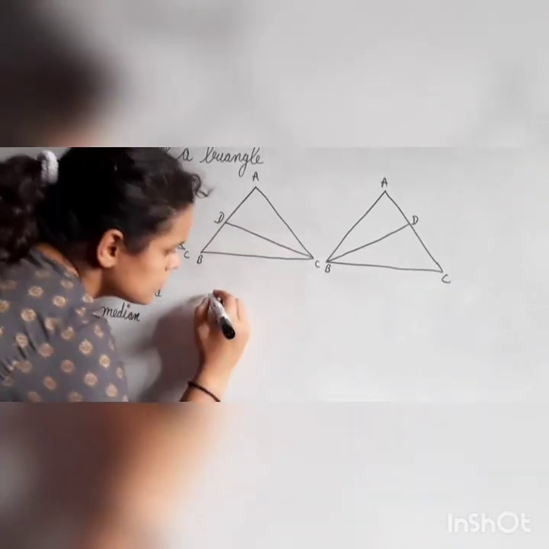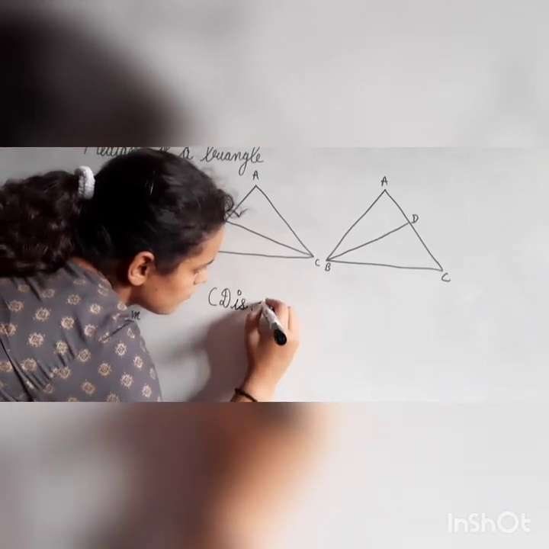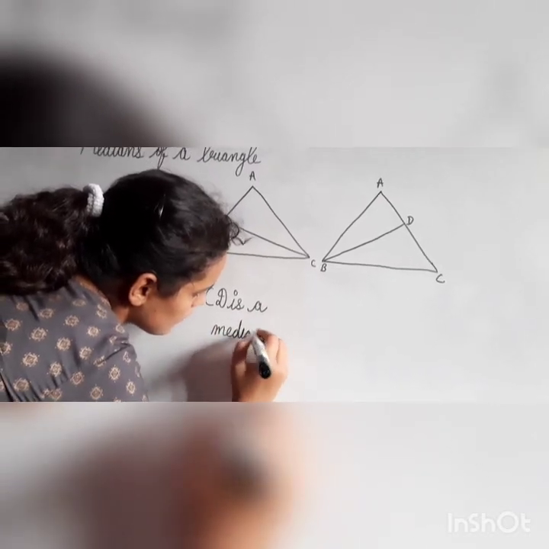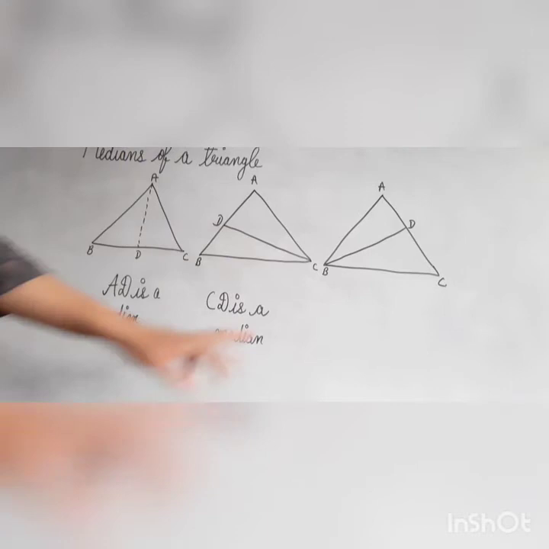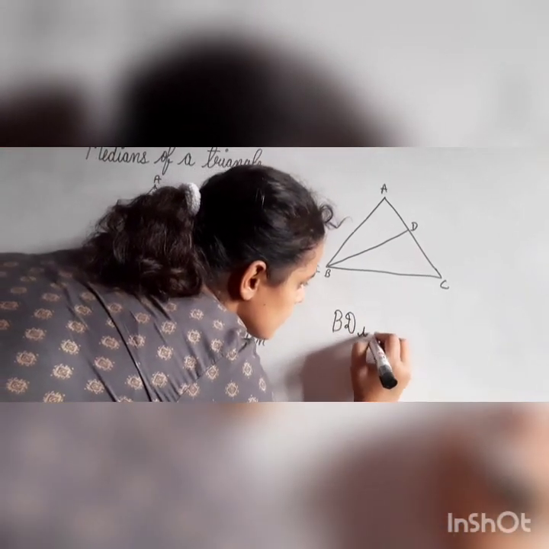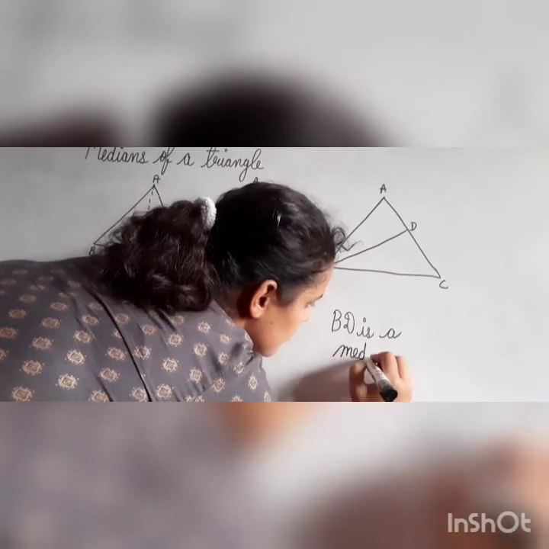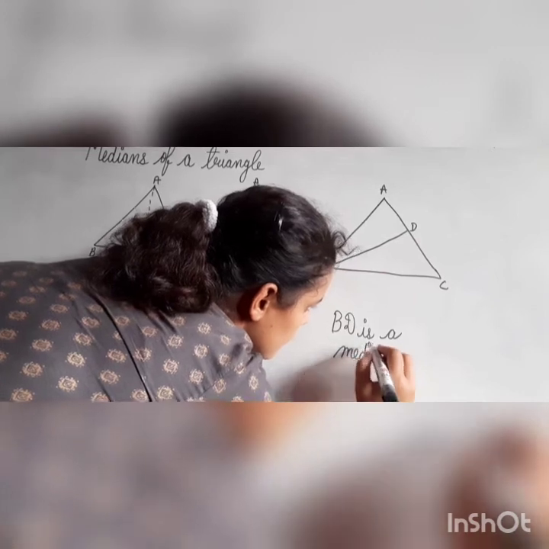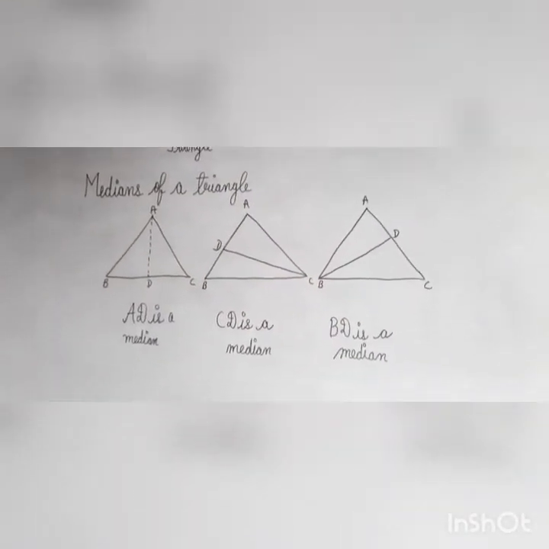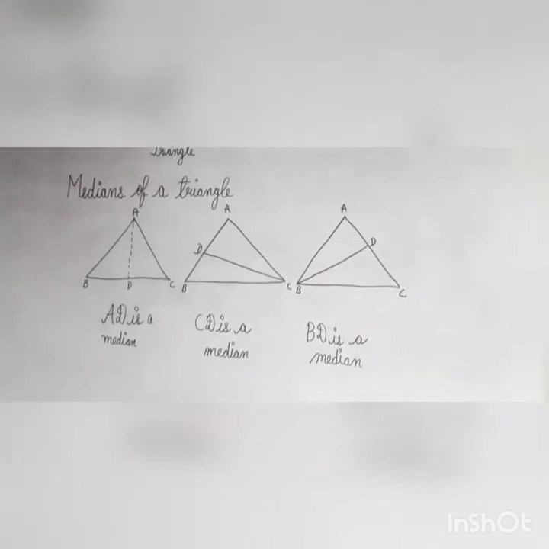In this, CD is a median. In this, BD is a median. Okay class, these are the medians of a triangle. Now we will discuss the next topic, altitude of the triangle.